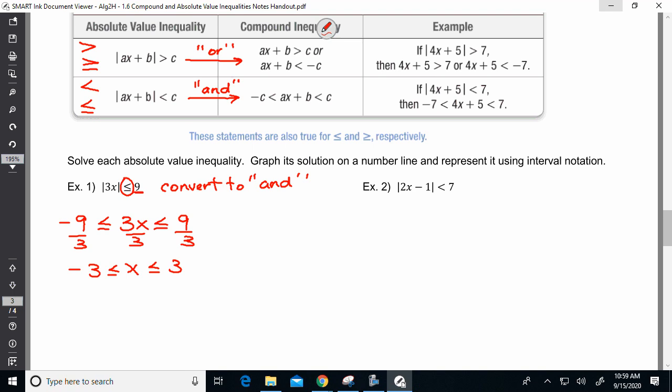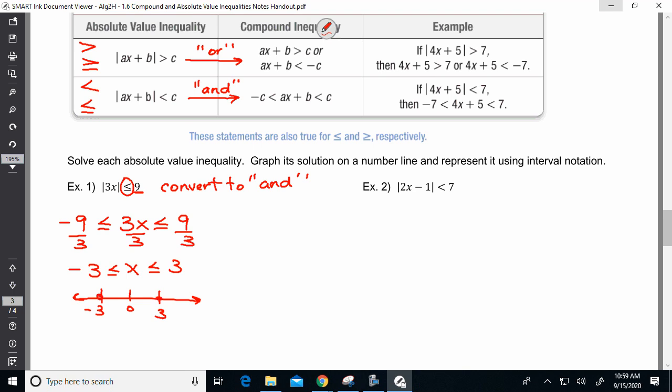Any questions on the solving part? So then we graph it. Graphing the same as last time. Both of them are less than or equal to signs.